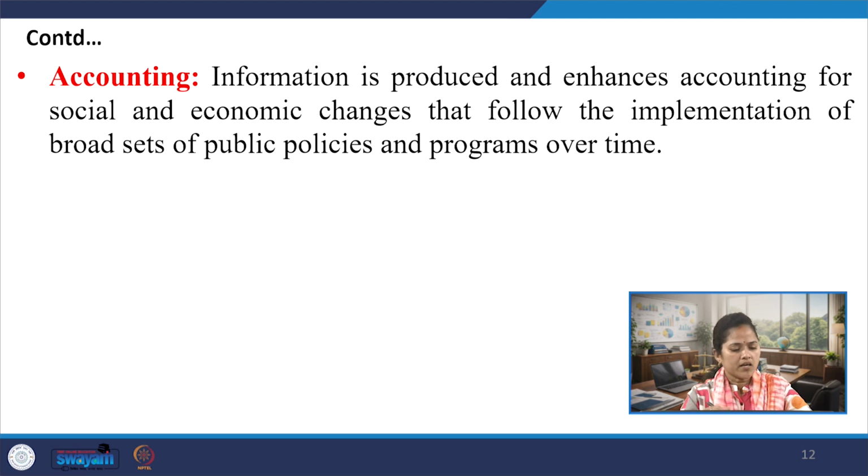Given this understanding of accounting, now you can find what accounting is in monitoring. We have already understood that monitors also collect relevant information and data. When information is produced, it enhances the accounting, because in accounting we record the data, then summarize it, analyze it and report it, so that we can find out the outcomes, the results and conclusions from these reports.